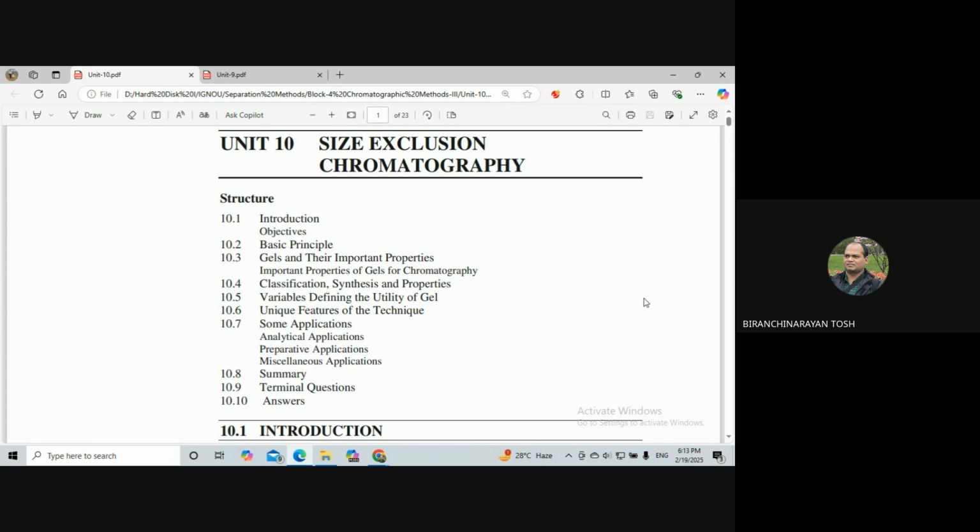So size exclusion or gel filtration chromatography falls in this category, where the separation occurs based upon the molecular geometry and molecular dimension.